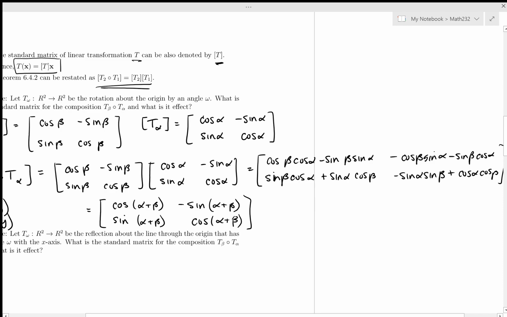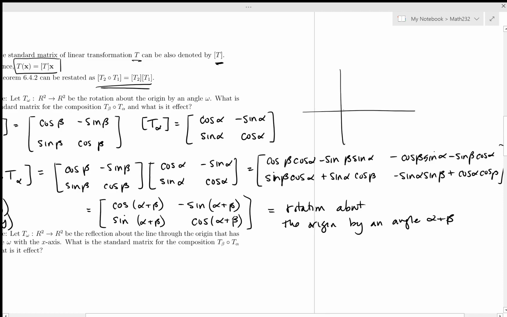Okay, and then what do you see? Then this is actually the rotation about the origin by an angle alpha plus beta. Okay, this totally makes sense.